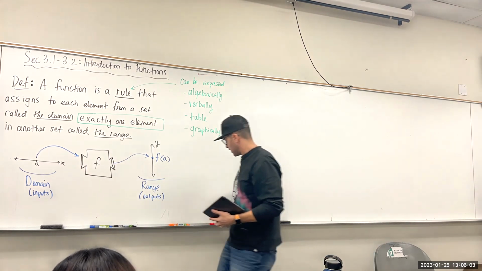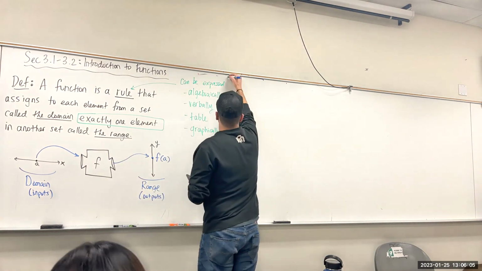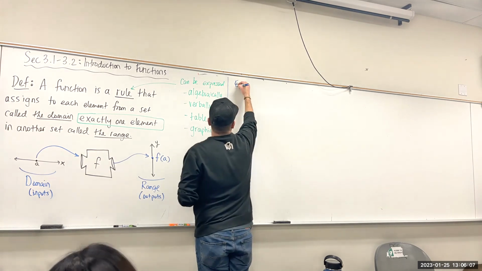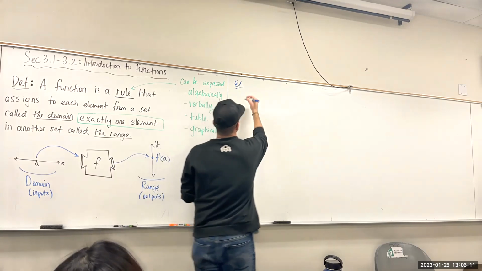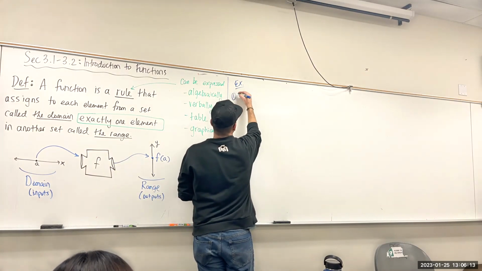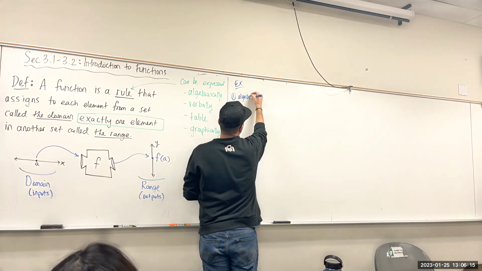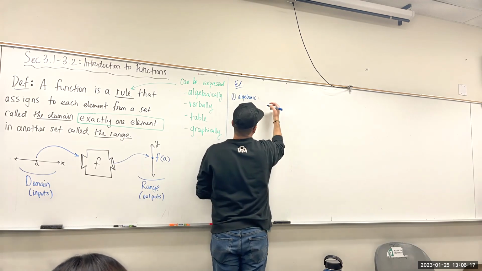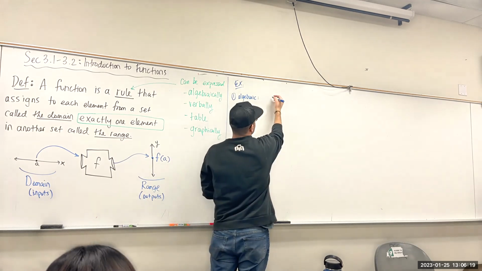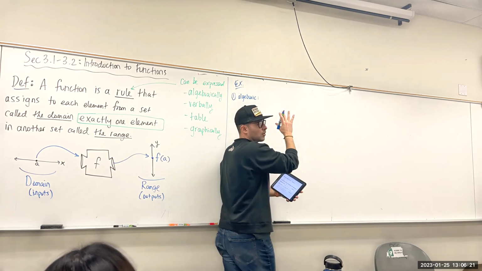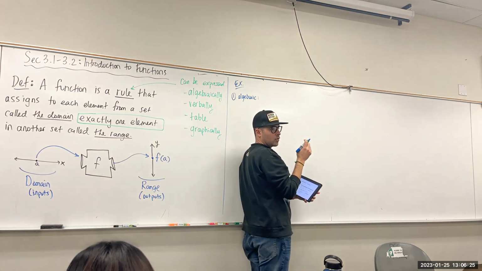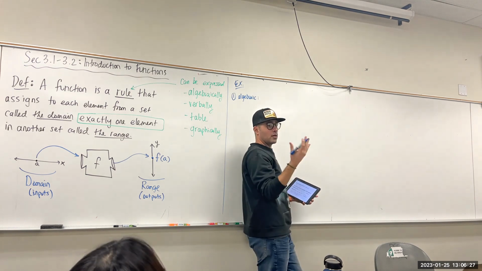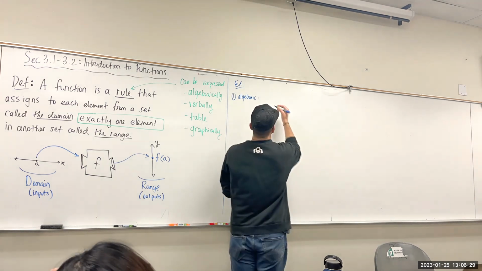So let me show you guys some examples. Example 1 is an algebraic one. Let's do the one from the warm-up. What was the rule? What was I doing to the number? You're doing 2x plus 1, right? Or you're already calling the number x. It's okay.